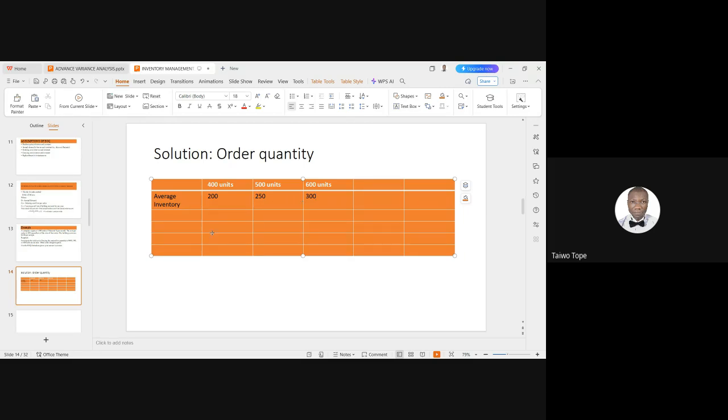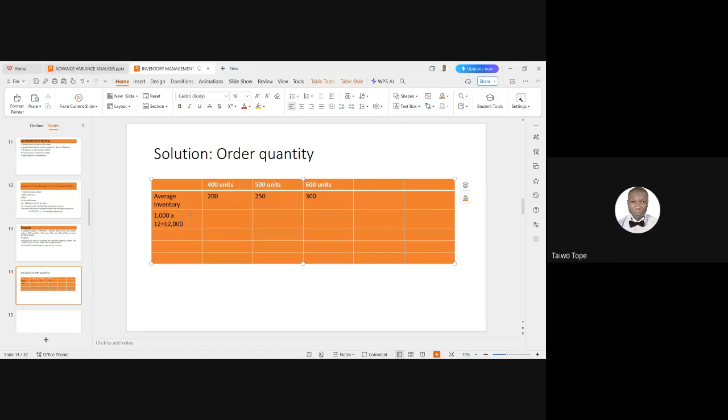I asked earlier that in a month, we are demanding how many units of material? 1,000. In a year, it will be what? 12,000.